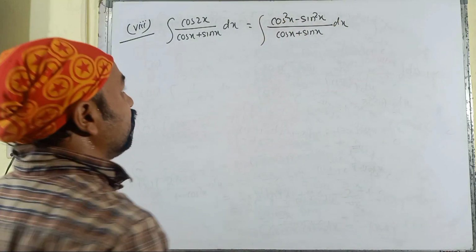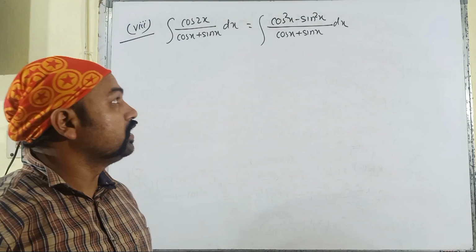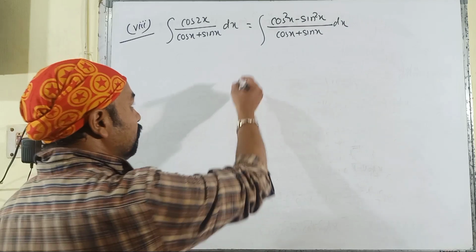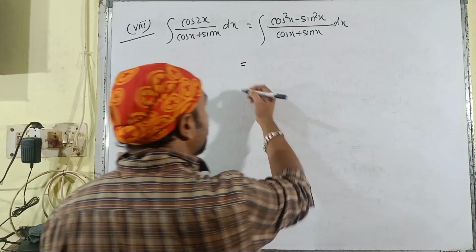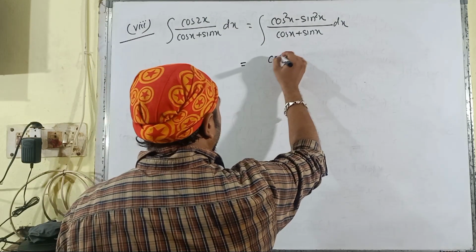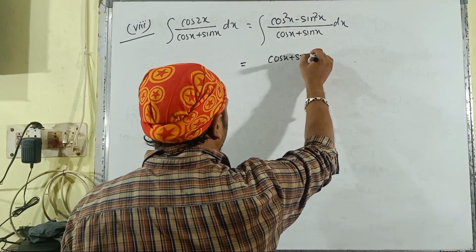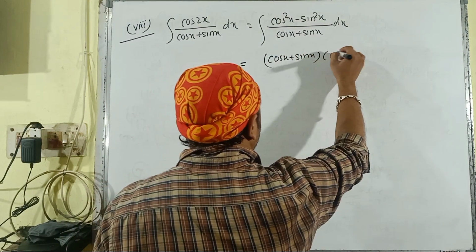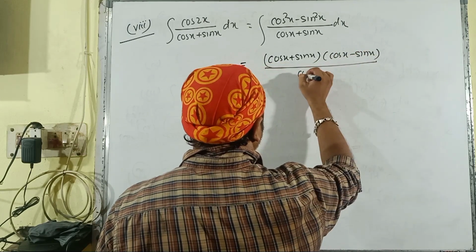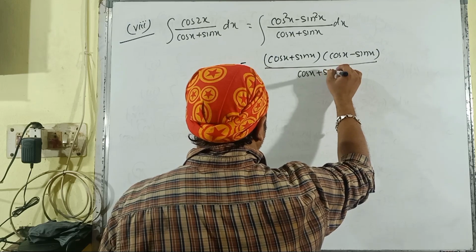And again in the numerator part, you can see that it is in the form of the algebraic identity a square minus b square. So it can be converted into the form of a plus b multiplied with a minus b. So the numerator can be written as cos x plus sin x multiplied with cos x minus sin x whole divided by cos x plus sin x.